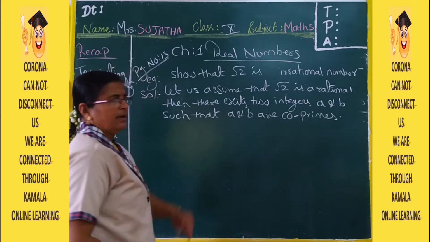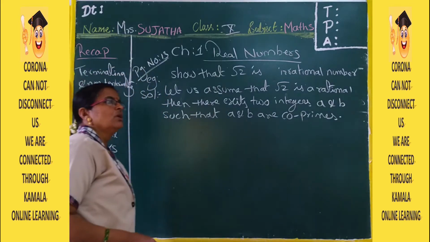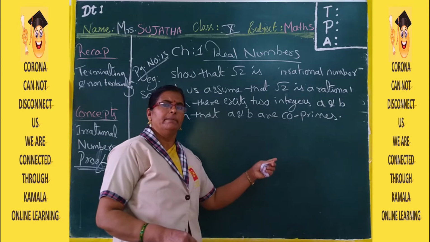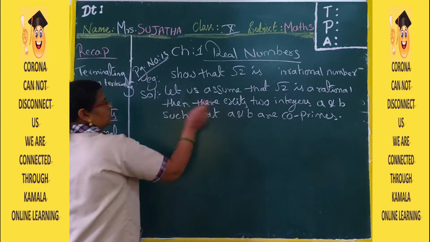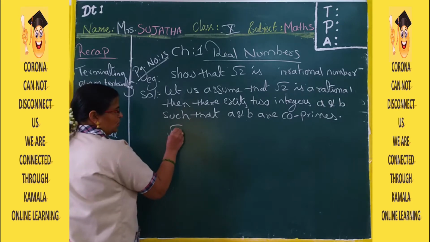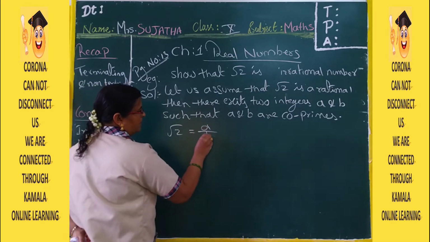Now, a and b are co-primes. If suppose 2 is a common factor for a and b, no, they are not co-primes.